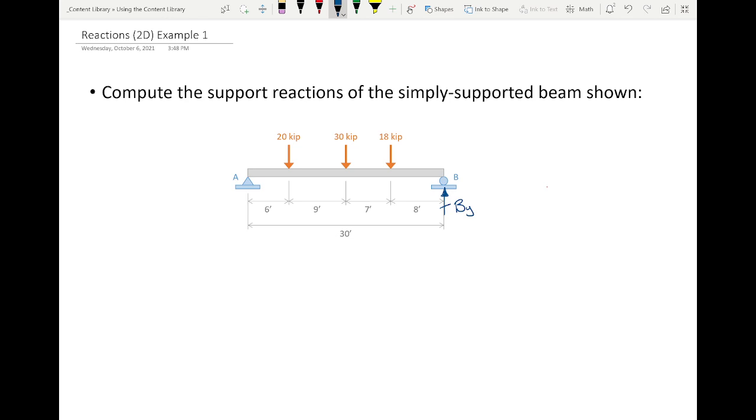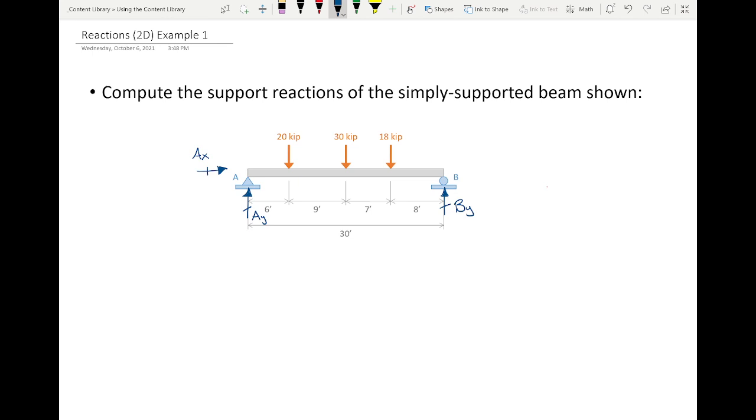Make sense? Okay. Now, support condition A. This is a pin support. How many unknown reactions are at support A? 2. All right, so what I will do is make similar assumptions, okay? We'll call this AY, and we'll call this AX.